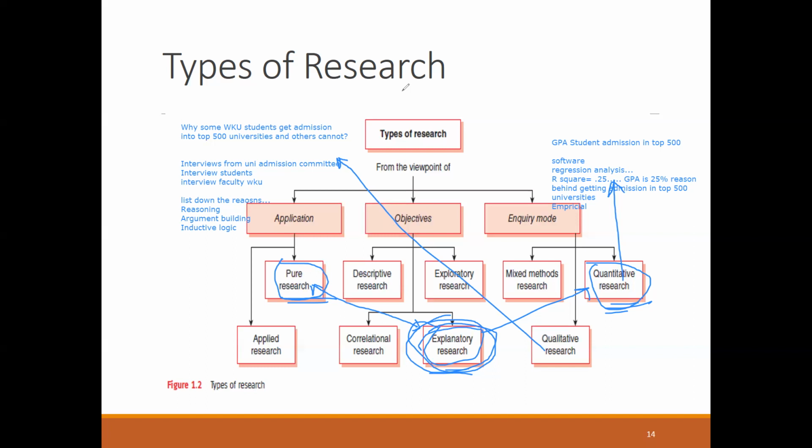If you combine pure research with explanatory research and quantitative research, their guidelines are more or less similar. So we will be focusing on the guidelines for this combination. I think this is a very good combination.